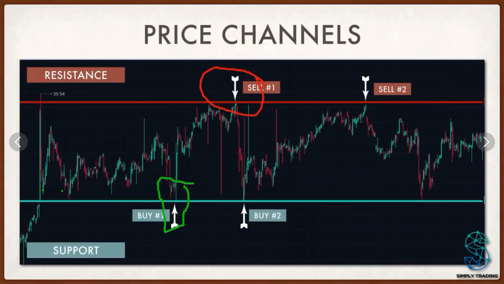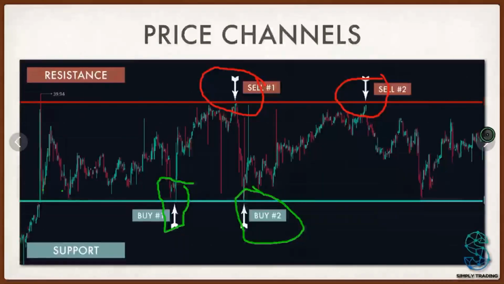Then if you wanted to buy in again, you could buy in here, and sell again at this resistance level. You bought here, took profits, bought here, took profits. This is a simple trading strategy that you can use just with support and resistance. No indicators, nothing fancy, just one resistance line, one support line in a consolidating market.